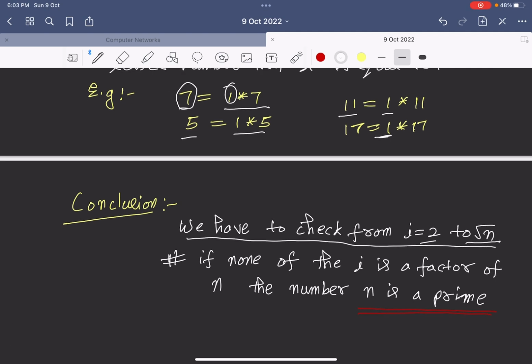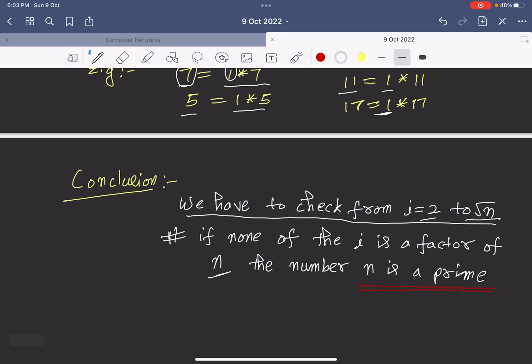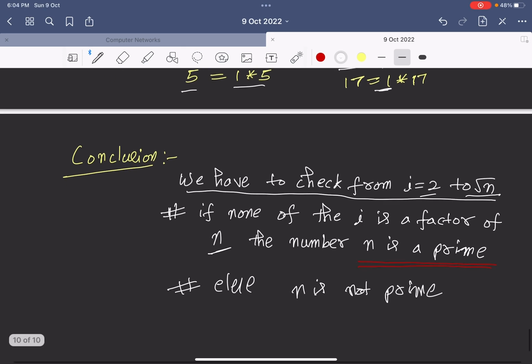If none of the numbers from 2 to root n is dividing my n, then the only number which is dividing my n is 1, and in those cases the lesser number will be 1 and n will be a prime number. Else, if there is a number from 2 to root n that is dividing n, then I can say that the lesser number is greater than 1, other than 1. In that case my n will not be a prime.